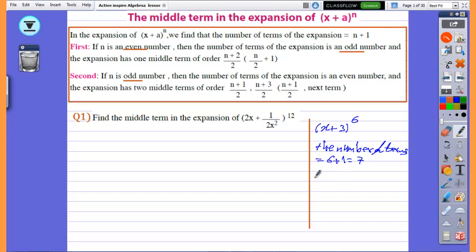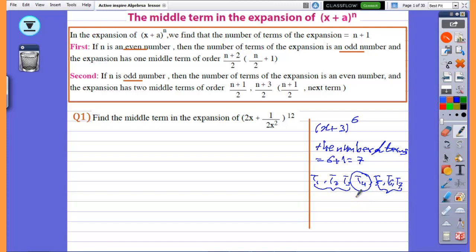We have T1, T2, T3, T4, T5, T6, and T7. Here is the middle term. We have 3 terms before it and another 3 after it.